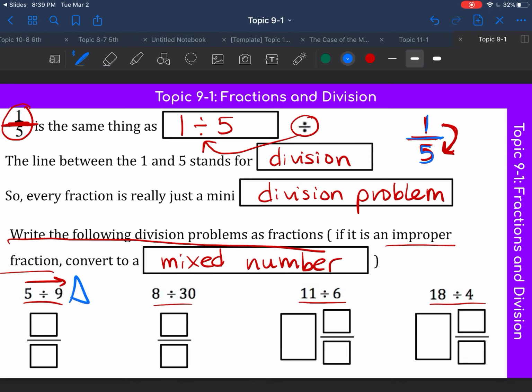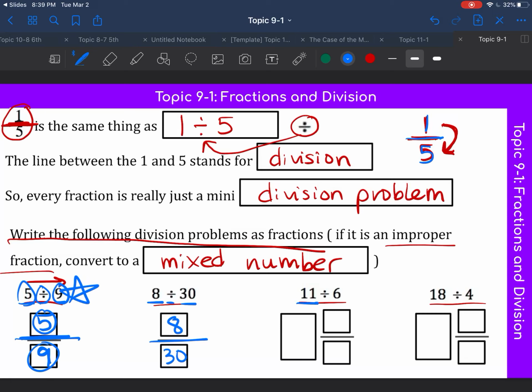So this fraction right here is 5 divided by 9. So you read left to right, up and down. So they go in the same order. 5 divided by 9. So the next one, 8 divided by 30, or 8/30.